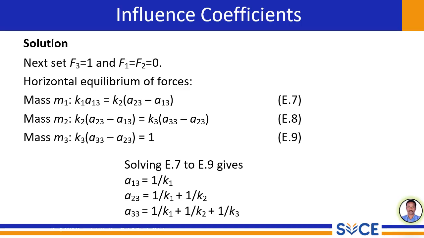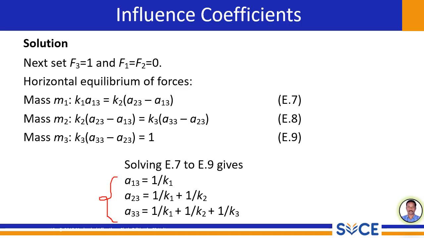We need to determine the third column of the flexibility influence coefficient matrix. This involves applying a unit force at mass 3 while keeping the forces at mass 1 and 2 zero. The equilibrium equation for this case is given as K1 A13 equal to K2 times (A23 minus A13). We obtain the following displacements.